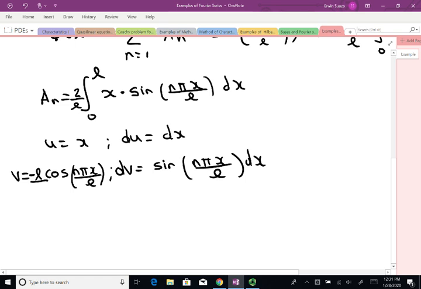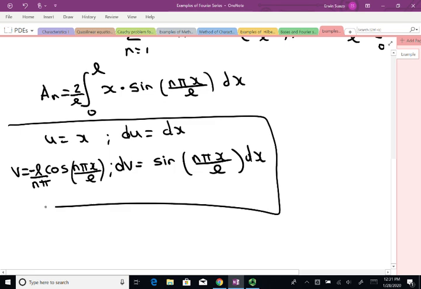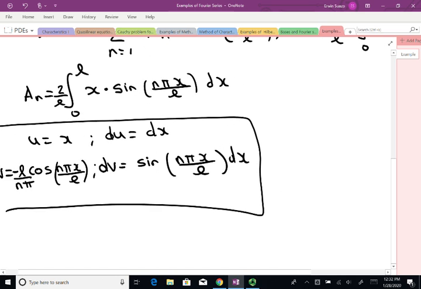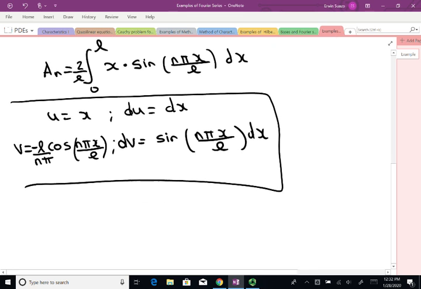So I have to get minus L over n pi, right? Now check again: the derivative of cosine is minus sine, so times minus is sine of n pi x over L, times the derivative of the inside, which gives you n pi over L. So the n pi over L cancels, and then you got it. Okay, so that's my first integral. Now I can do integration by parts, so let's do it over here.